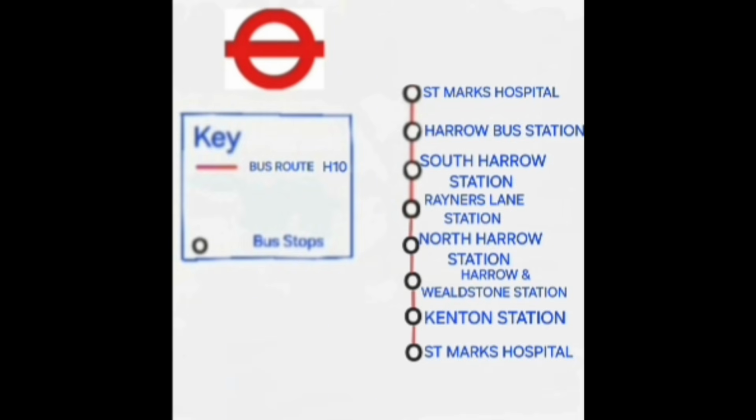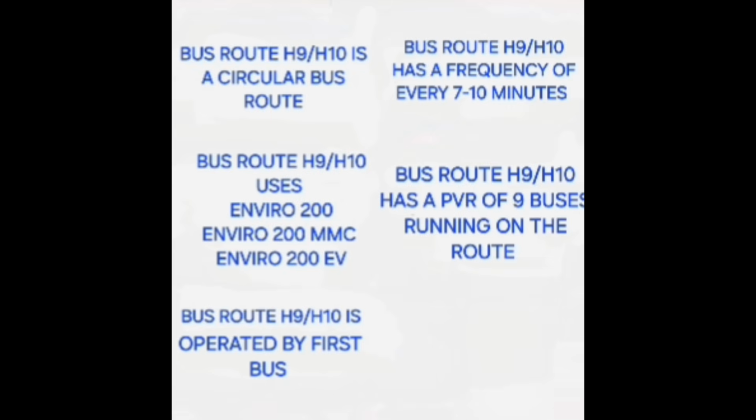Now that we've done the maps for bus route H9 and H10, it's time to do the facts of bus route H9 and H10. And these are the facts. Bus route H9 and H10 is a circular bus route.